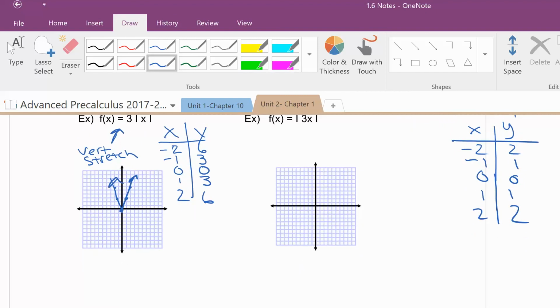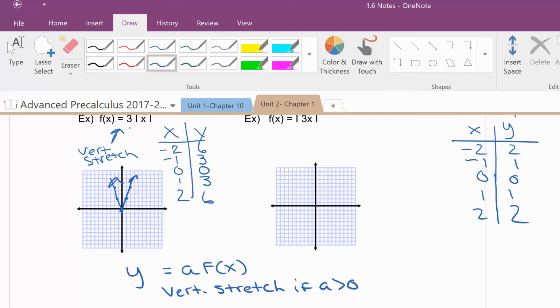So if I say y equals a times f of x, meaning some number times the function, it is a vertical stretch if a is greater than 1, like if you're multiplying by 3.